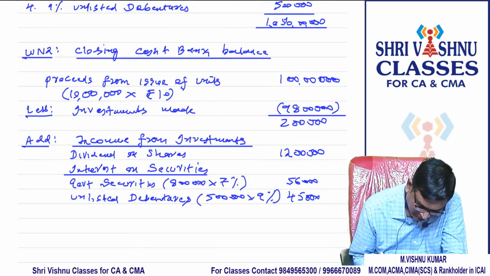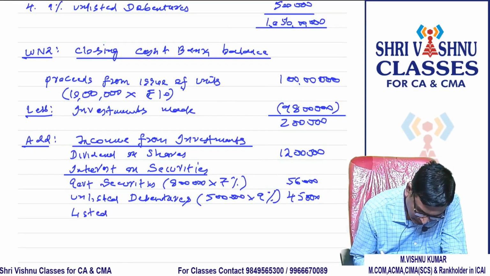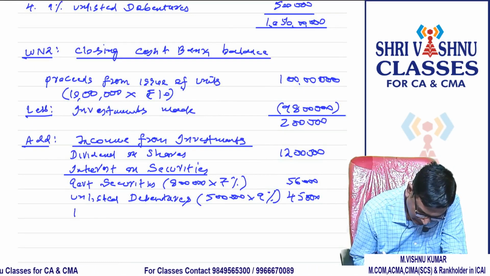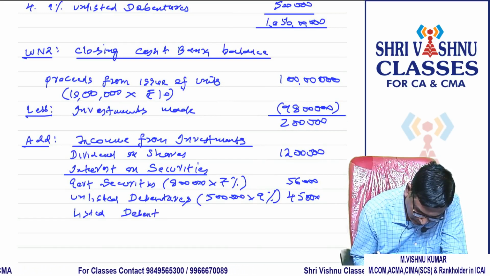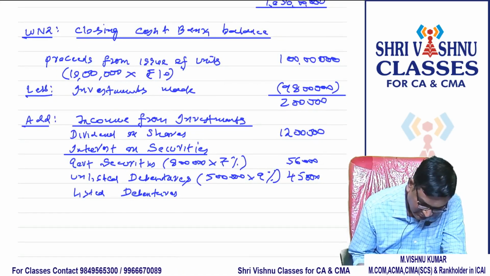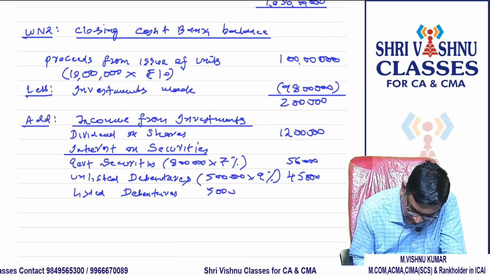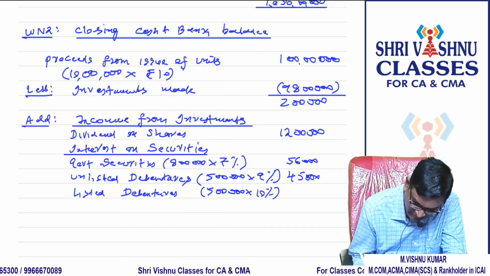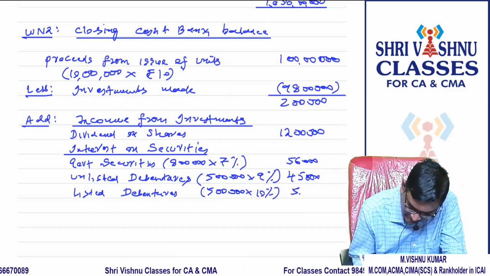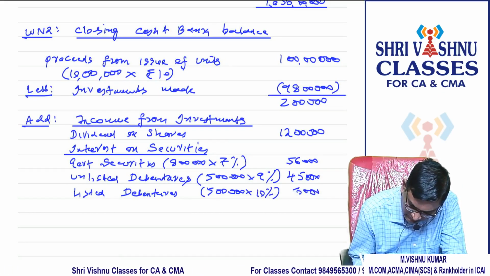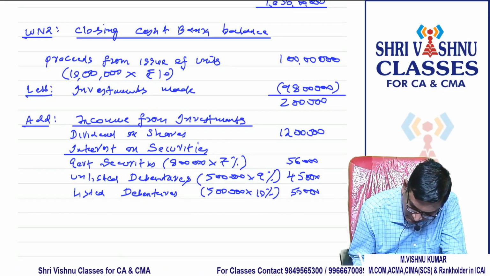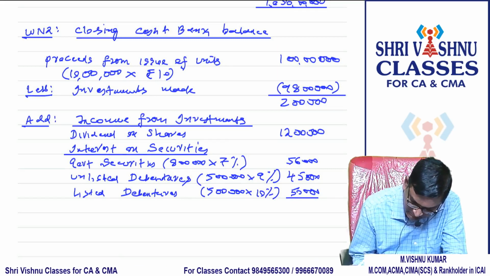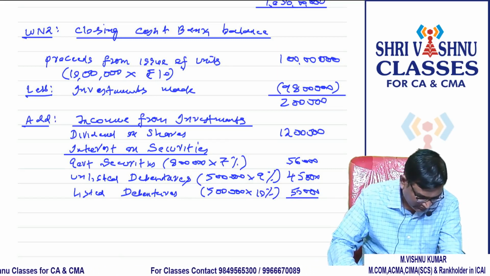Next listed debenture, 5 lakhs at 10%. Interest is calculated on face value. So this is total interest received.